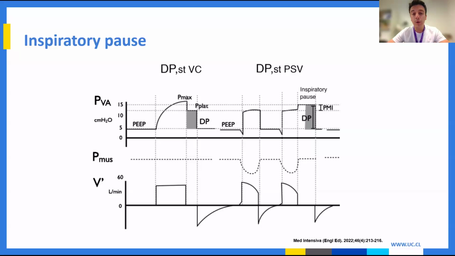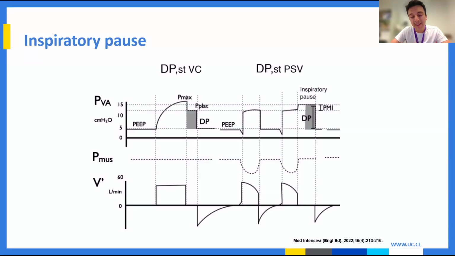We are really used to using this kind of tool during passive mechanical ventilation, but during assisted mechanical ventilation, we can also use the inspiratory pause. The important thing is that if we have some effort and we make an inspiratory pause, it's highly likely that the plateau pressure that you will obtain will be higher than the maximum inspiratory pressure that you set.